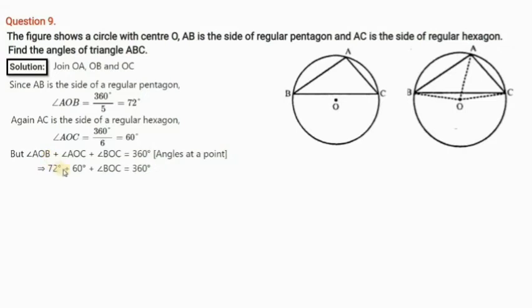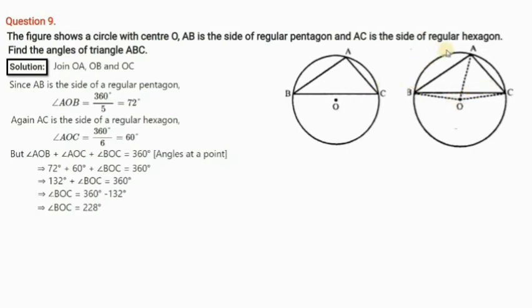We know the values of AOB and AOC, so from here BOC turns out to be 228 degrees, and this arc BC subtends angle BOC at the center.